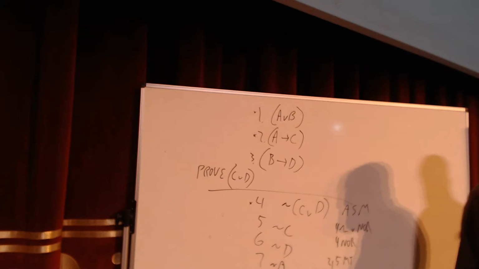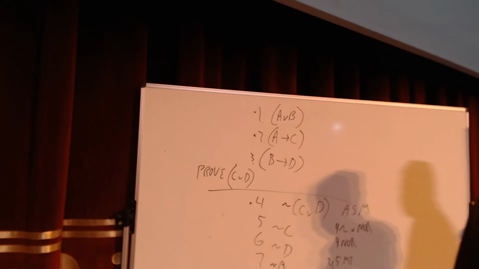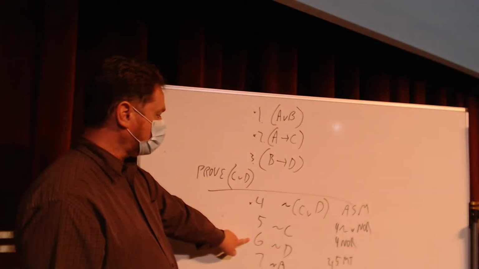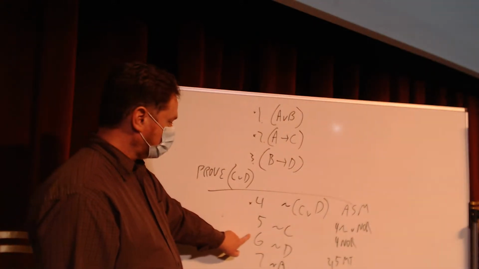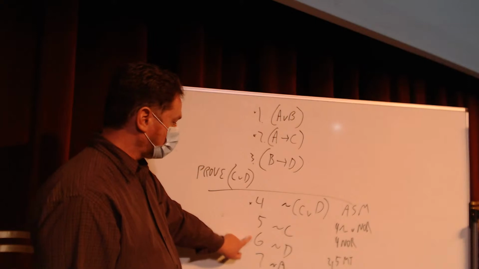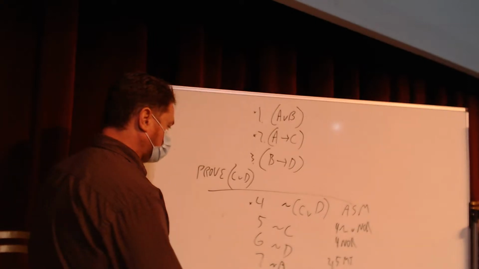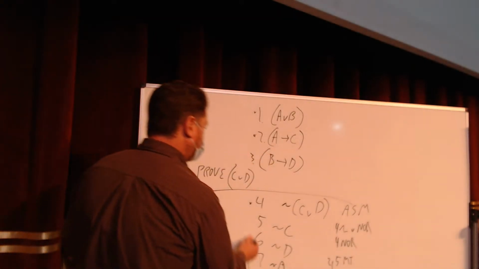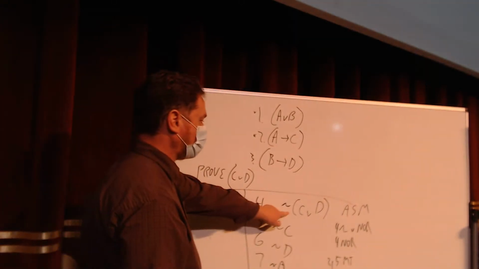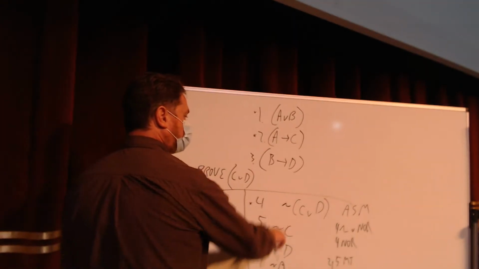And once I've got D in step 9, I realized that back in step 6, I said not D. So 6 says D is false, 9 says D is true. That is a direct logical absurdity, which demonstrates that the opposite of not C or D must be the case.